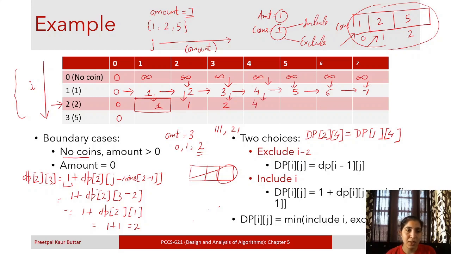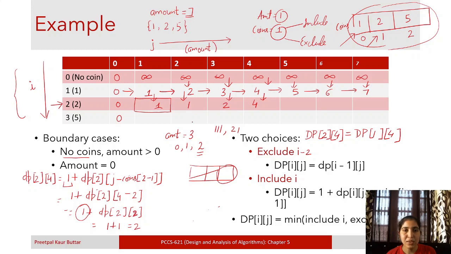And when you include it, we are picking a 2 rupee coin, so we are adding one coin here, and the amount left is 2.